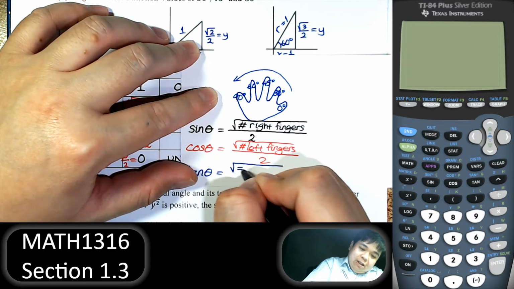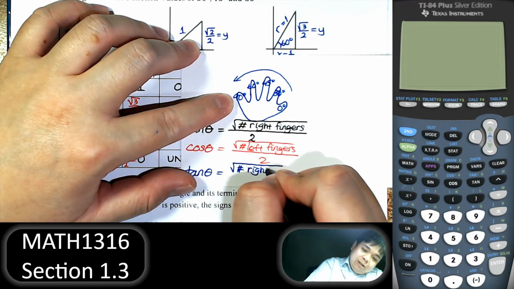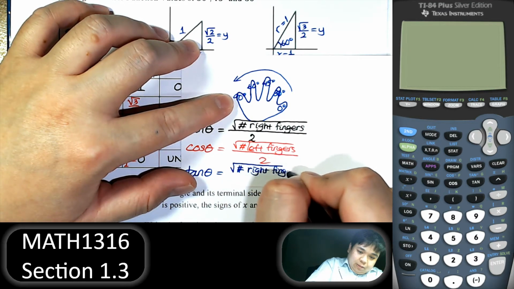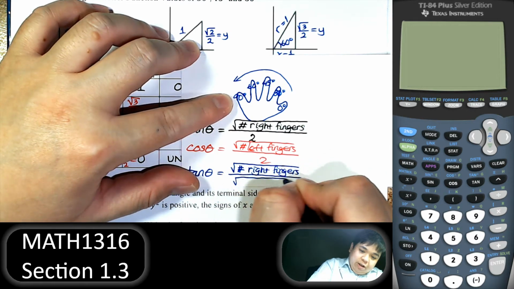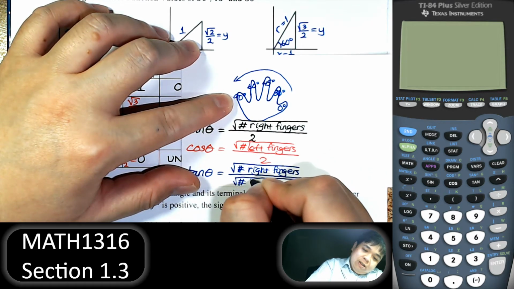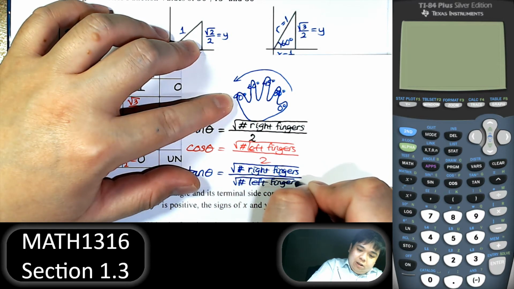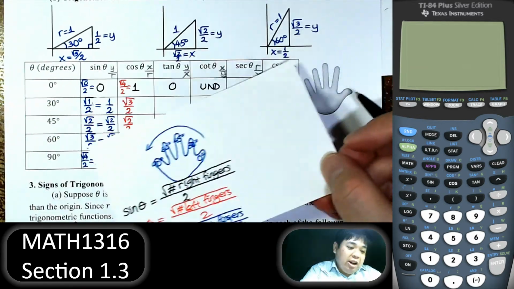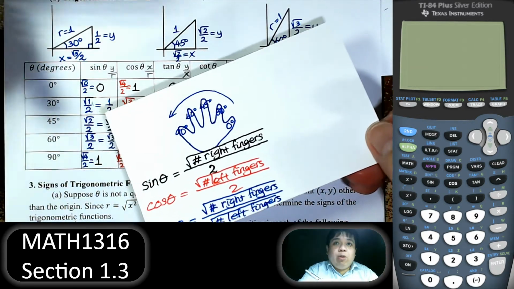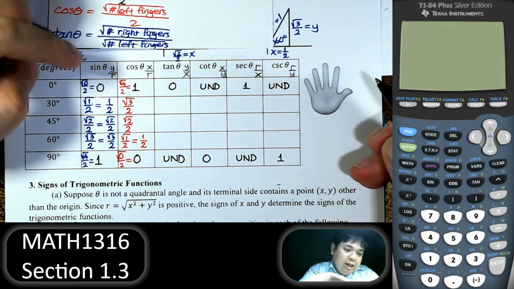It is the square root of the number of fingers on the right divided by the square root of the number of fingers on the left. So the hand trick will give us the nice values for 0, 30, 45, 60, and 90 degrees.